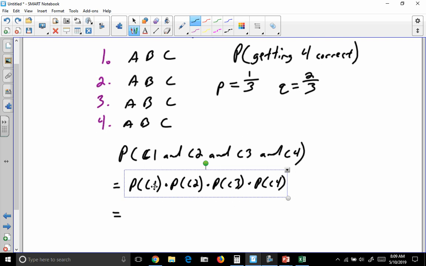So the likelihood of getting the first one correct times the likelihood of getting the second one correct times the third one times the fourth one. The probability of getting all four correct, if I'm just guessing, is 1 out of 81.